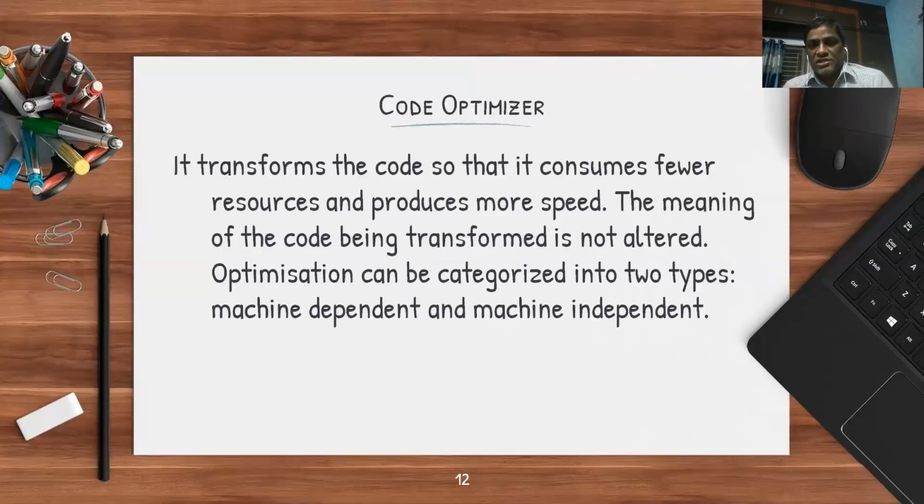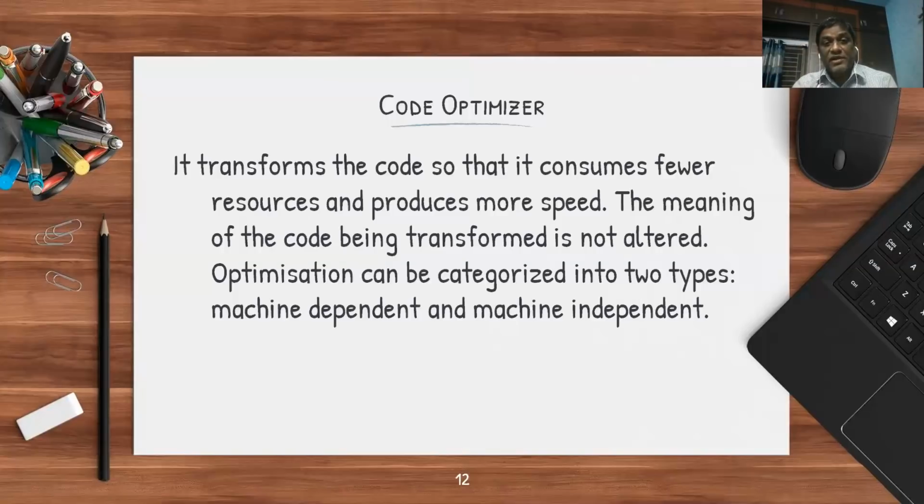Also in terms of number of instructions, reduce the number of instructions, reduce the utilization of resources, reduce the energy consumption, and so on. In many ways, in many aspects, optimization will be done. So the output of the code optimizer should be an optimized code which requires very little time for execution. And then there are two types of optimizations we can apply.